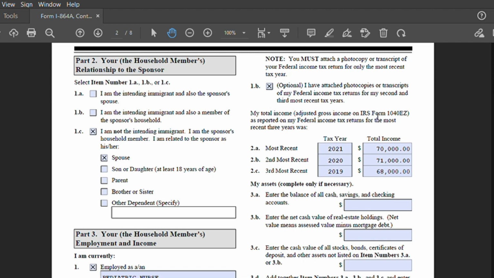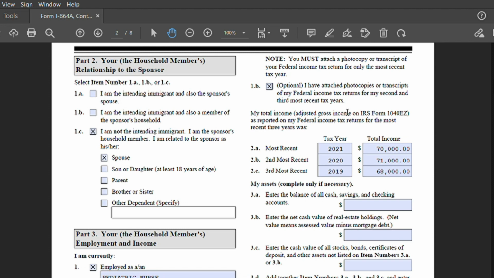Technically, you should be able to use your 2020 taxes. However, I'm just going to be honest with you guys, based on what I have seen and based on the experience of my subscribers, if you are submitting your application right now, around the first few months of the year, they are still going to send you a request for evidence, unfortunately.